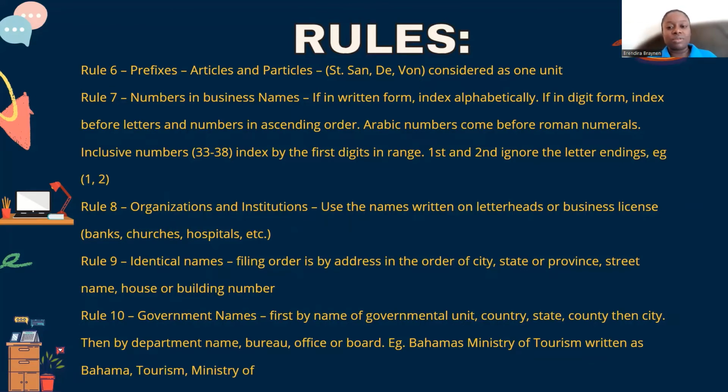So if you have 2 Sarah Joneses, there's a Sarah Jones that might be in Nassau, a Sarah Jones that might be in Freeport, or maybe on Carmichael Road versus Sarah Jones in South Beach. Well, you can add the address or the city or any information behind it that helps you to separate it from the other Sarah Jones. And so that's how your filing would be for those Sarahs going forward.